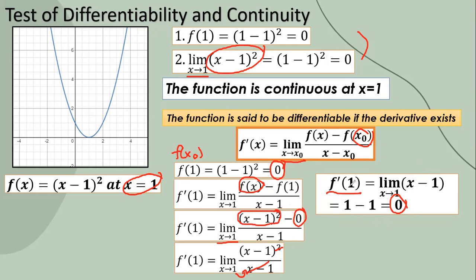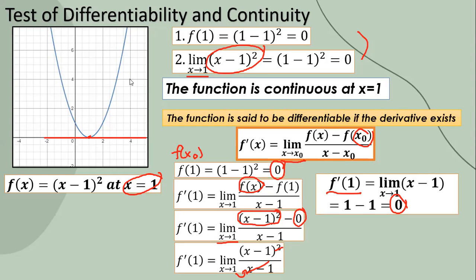Okay, so we have already learned the concept of the derivative. That means f prime of x is also the slope of the tangent line. So where is 1? x equal to 1 is here. So the slope of the tangent line, we will draw the tangent line. It is a straight horizontal line, and that has a slope of 0.